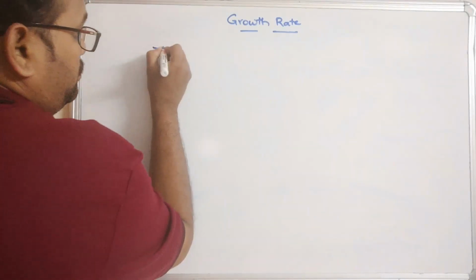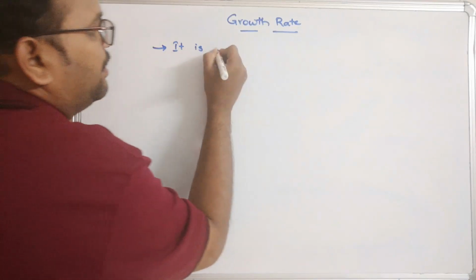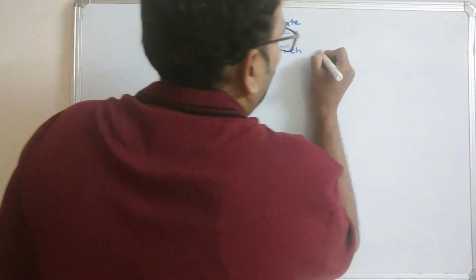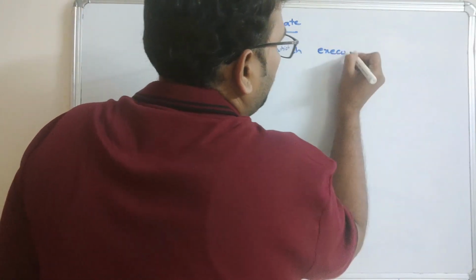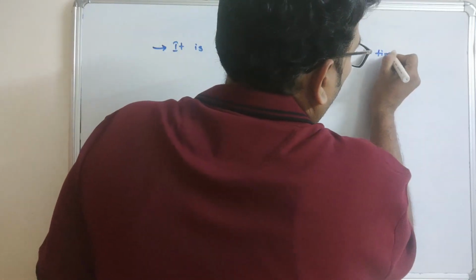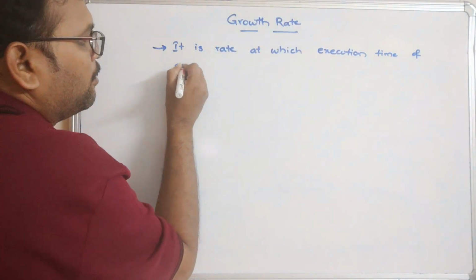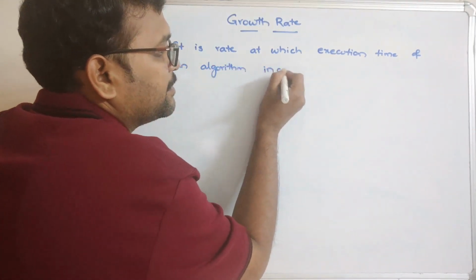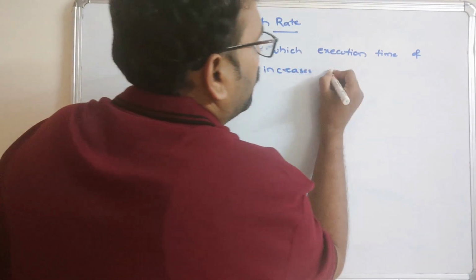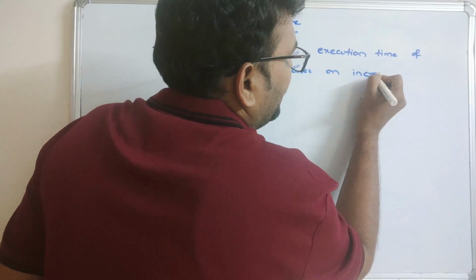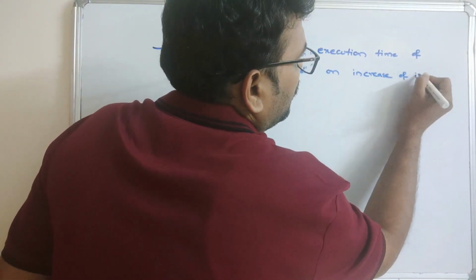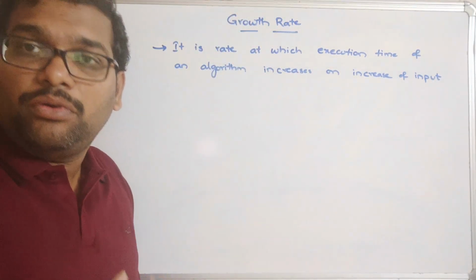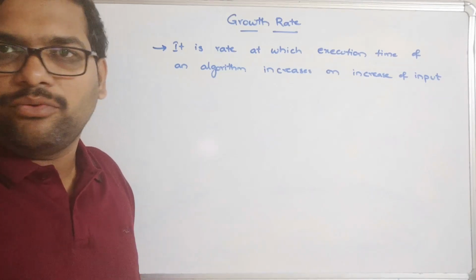So it is a rate at which the execution time of an algorithm increases on increase of input, and usually this complexity will be denoted with the help of asymptotic notations.